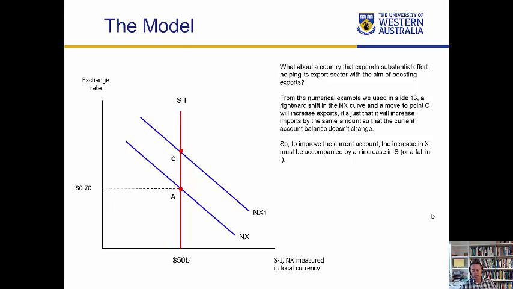Towards the end of this set of slides, I focused on the current account and what the main driver of the current account balance is. The main driver is a country's level of net foreign investment. So if you want to change a country's current account balance, to a large extent you need to change its level of net foreign investment.